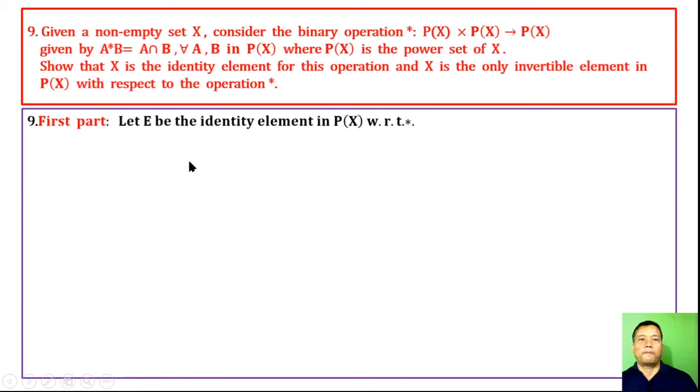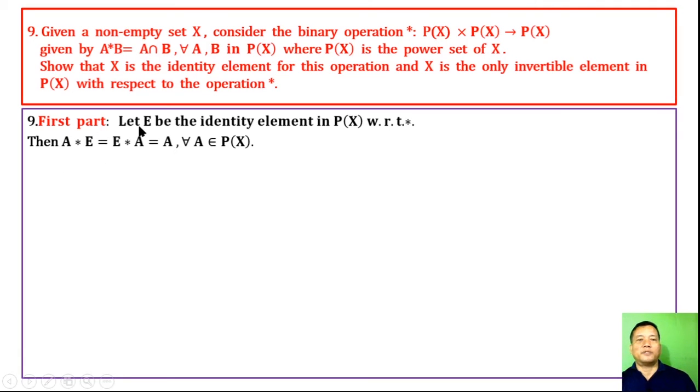First part, identity element. Let E be the identity element in P(X) with respect to asterisk. E is an element of P(X), so E is a set.